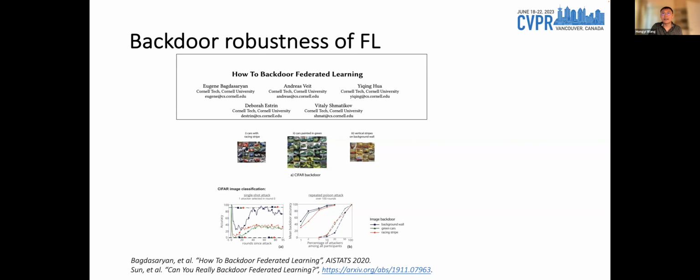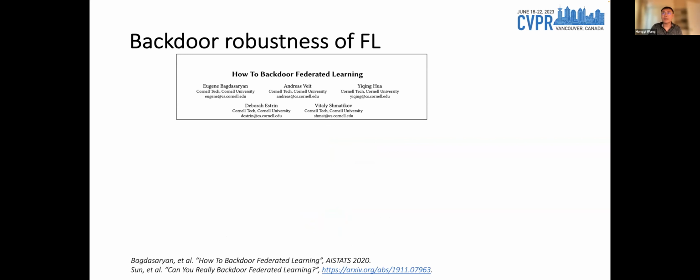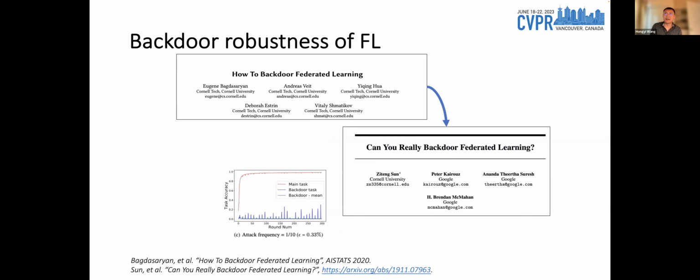It turns out they can attack on this specific pattern of cars, and the backdoor can be very effective and persist long enough in the global model. Then a year later, a group of Google researchers evaluated this backdoor attack on their own service, and found the attack can sometimes work very well.